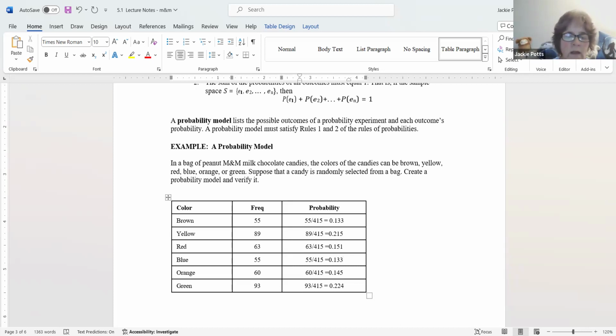This is what happens when I get to lecturing at the same time, because I would have noticed that I had two 55s. Ah, now if we total it, we come up with 1.001. That means I now have to fudge it down.